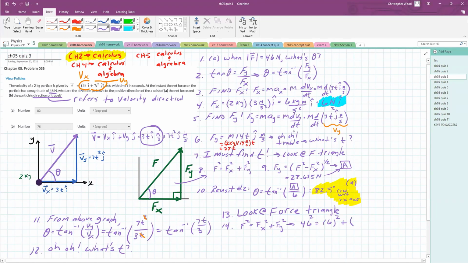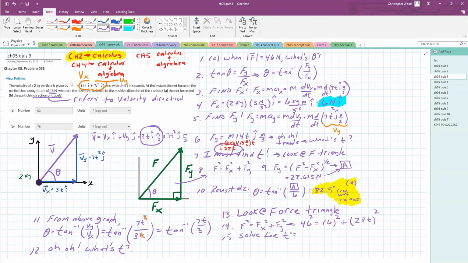Fy is right here. Fy is 28t, and I squared that. Okay, so number 15, solve for t and store that in your calculator memory, and then we can solve. All right, so 46 squared minus 36. I get this for t, 1.62 and some change.